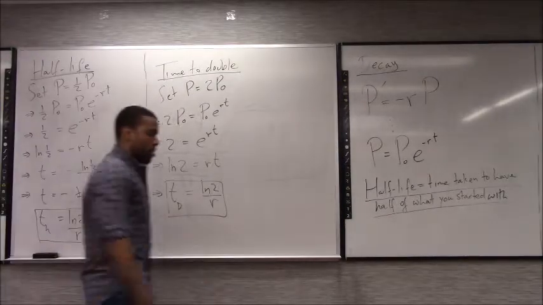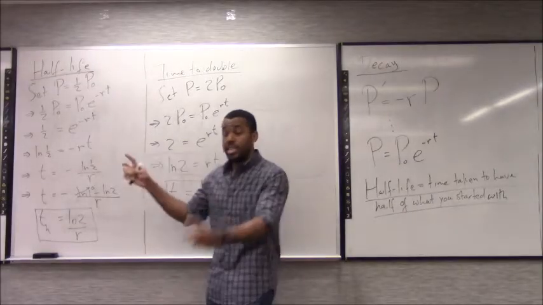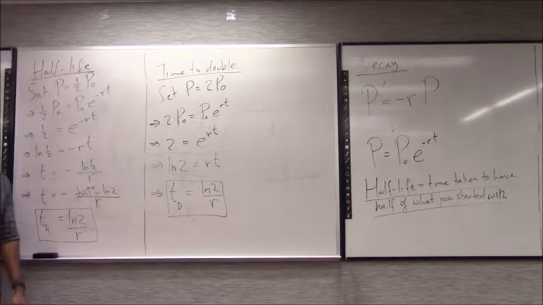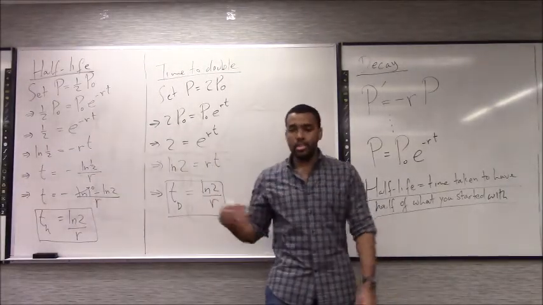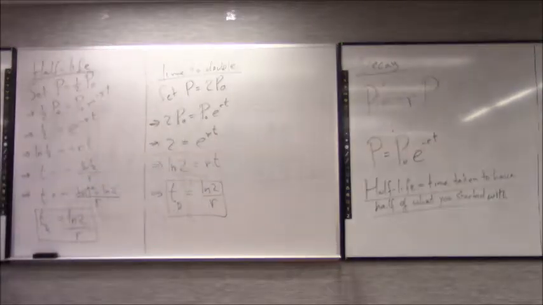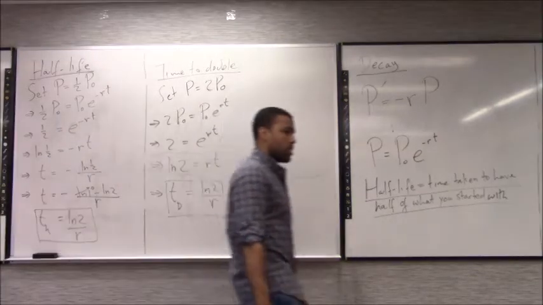So if you know it's decreasing exponentially and you know how fast, you can figure out how long it will take to have half of the original substance. And in this sense, you can actually backdate when it would have had a certain other amount of substance. That's how you would date things radioactively, once you figure out their half-life.